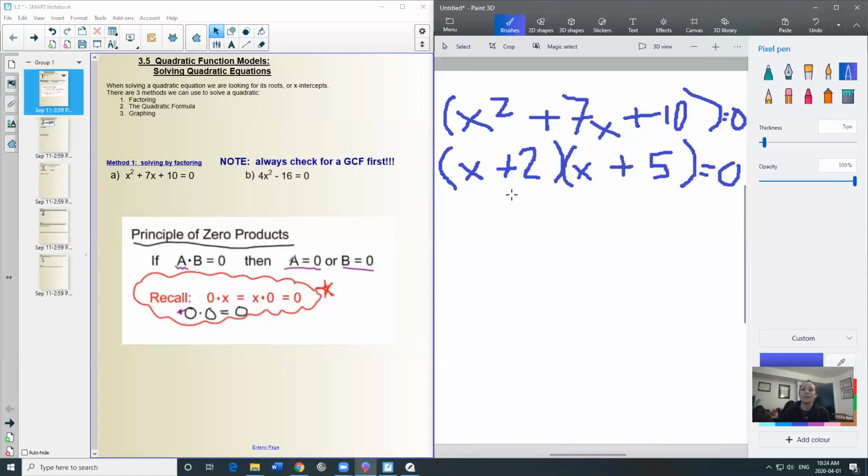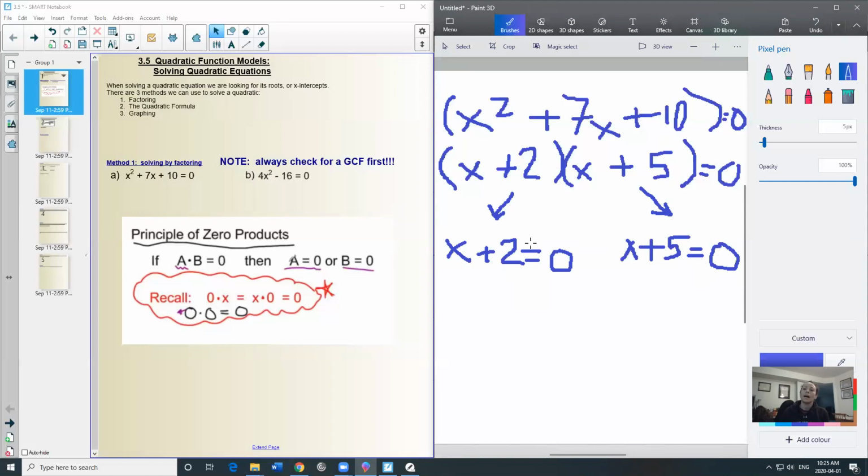So when I go to solve, and I know this is a simple example and you've seen these last year, but you can use this method for even more challenging ones, either x plus 2 equals 0 or x plus 5 equals 0.